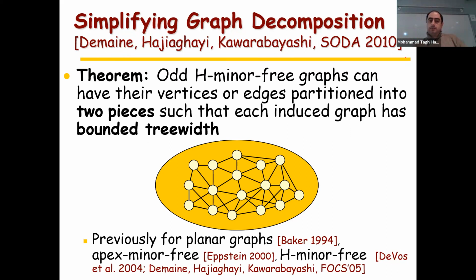So the first theorem is this one. Any odd H-minor free graph, odd H-minor free graphs, these are like a generalization of H-minor free graphs, essentially. I don't want to go into it, the definition is a bit more technical, but it's a bit more general than H-minor. So odd H-minor free graphs can have their vertices or edges partitioned into two pieces such that each induced graph has bounded treewidths.